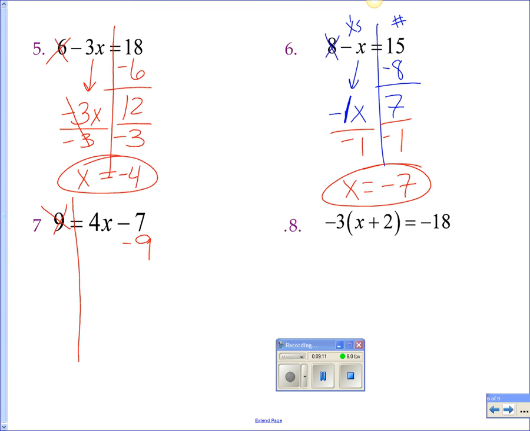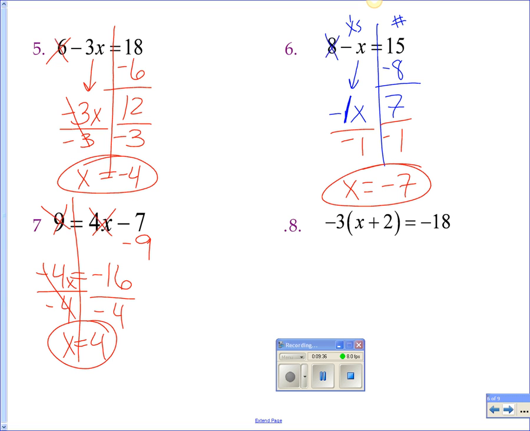Abby, what else moves? And it becomes what? Negative 7 and negative 9 is negative 16. And Blake, what do you do next? Good job, Blake.